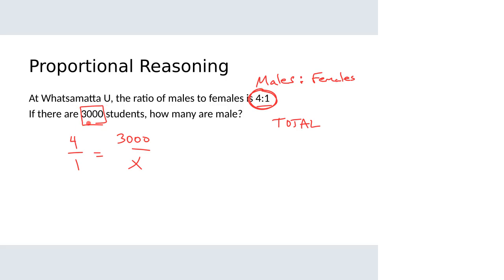This number is not about males or females. It's about the total. So these numbers, as written, don't allow me to set up the proportion I'm looking for. Instead, what I've got to do is sort of think this through and say, okay, wait a minute. I need a proportion that helps me set up some kind of relationship with the total.